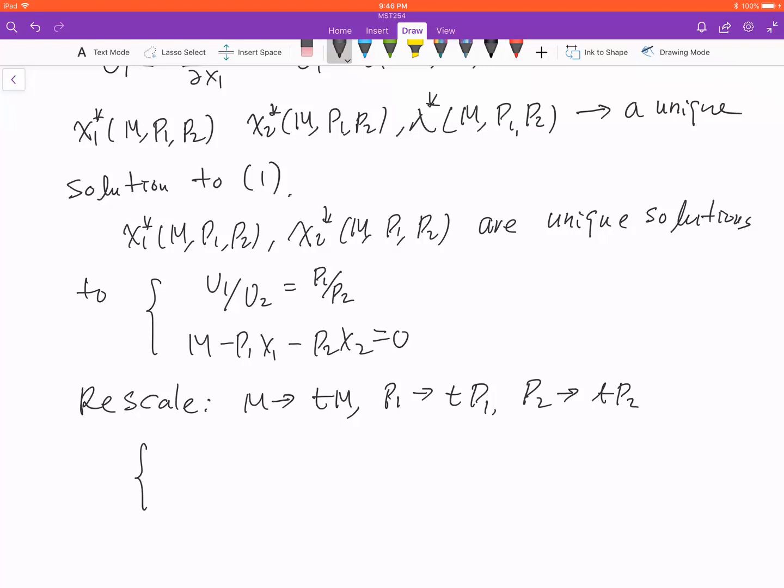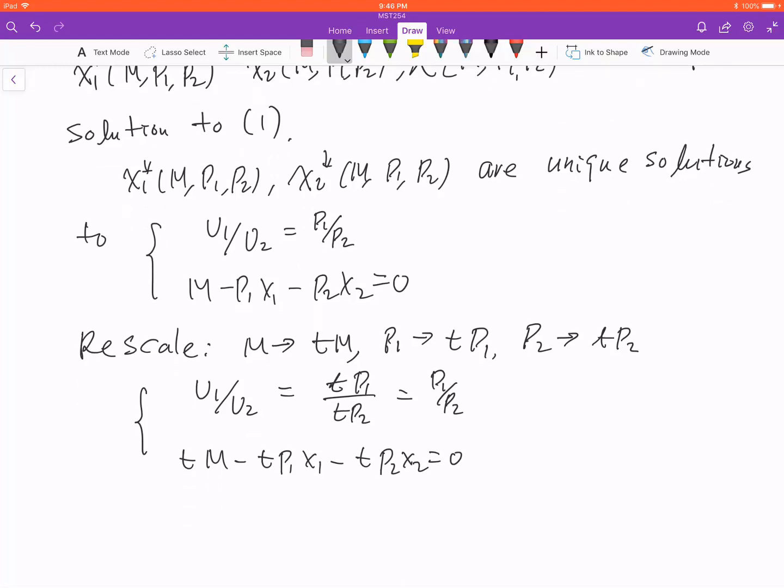So we have this new system. There are no parameters in u1 over u2, so it's still u1 over u2, and that's going to be tp1 over tp2. And we see this is the same. Okay. And then we have over here tm minus tp1 x1 minus tp2 x2 is equal to 0.